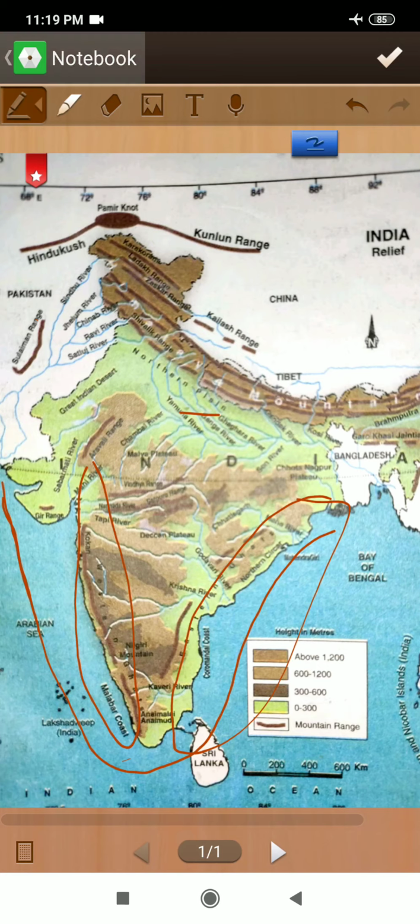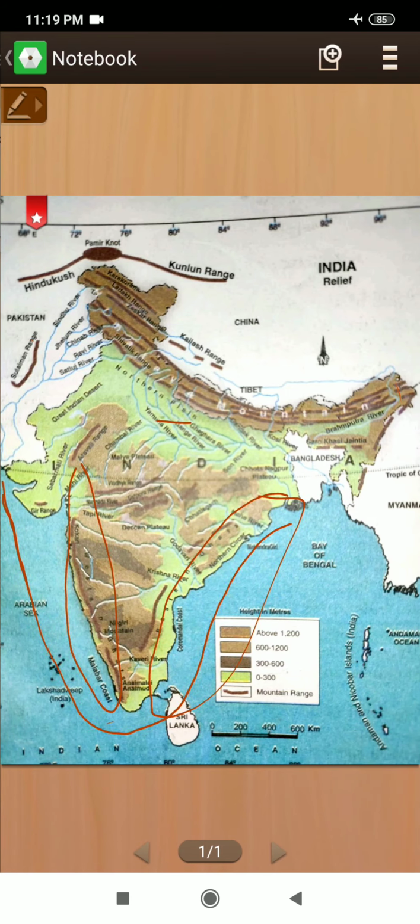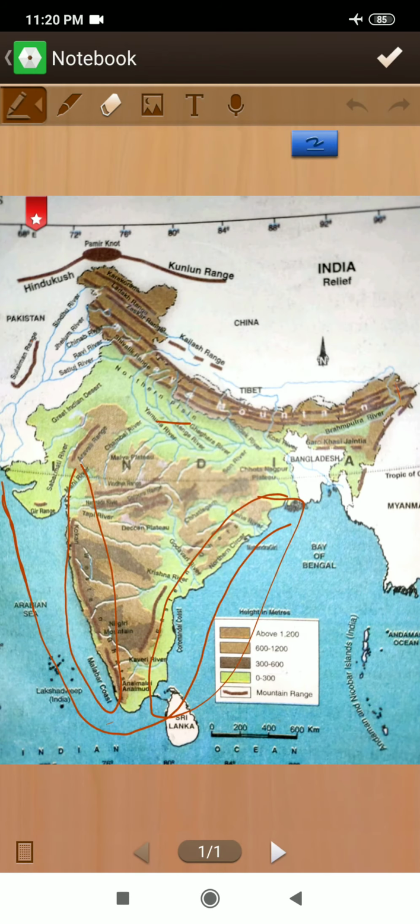The west coast plains extend from Gujarat to Kerala. Means from Gujarat to Kerala, the west coastal plains extend, and except in Gujarat, the plains are mostly narrow.